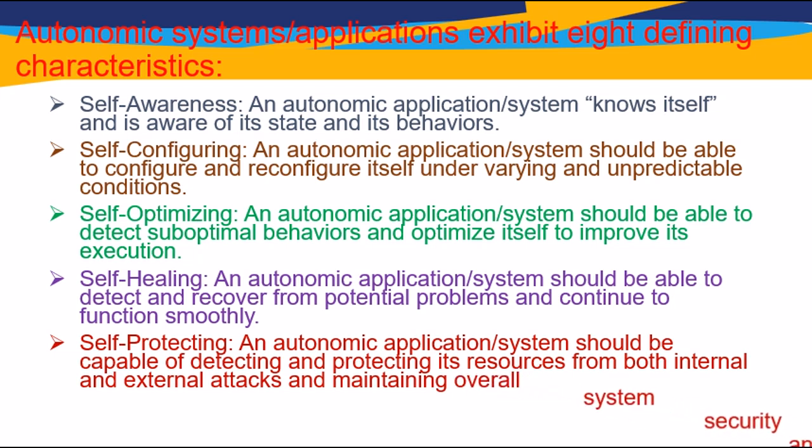And self-configuring: an autonomic application system should be able to configure and reconfigure itself under varying and unpredictable conditions, automatically.